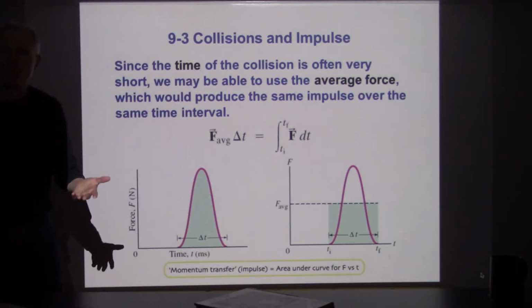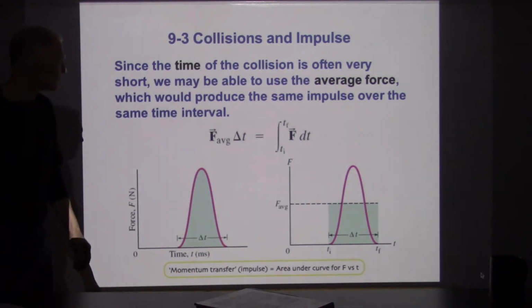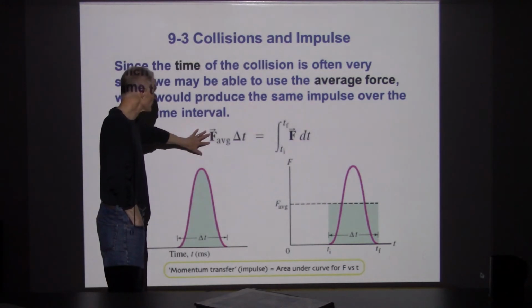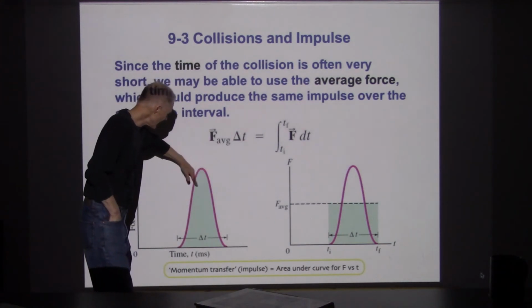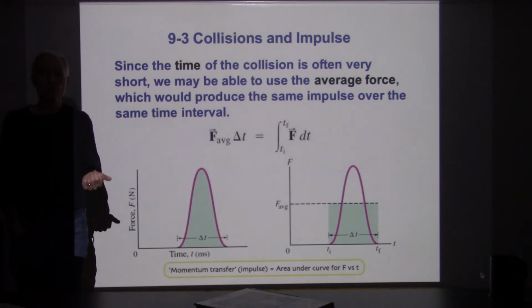So the force, as a function of time, is certainly more complicated. But what we typically do when we use the average force approach that we did in that problem, what we're showing is this. The area under the curve equals the impulse.